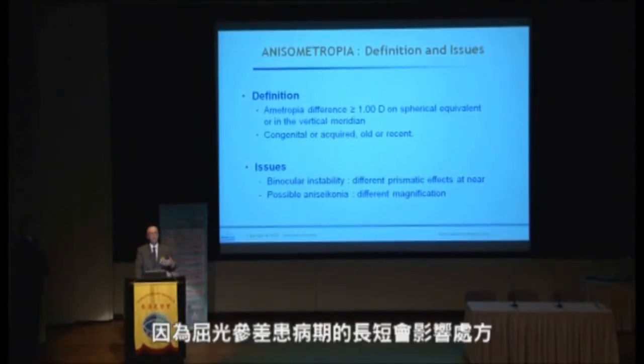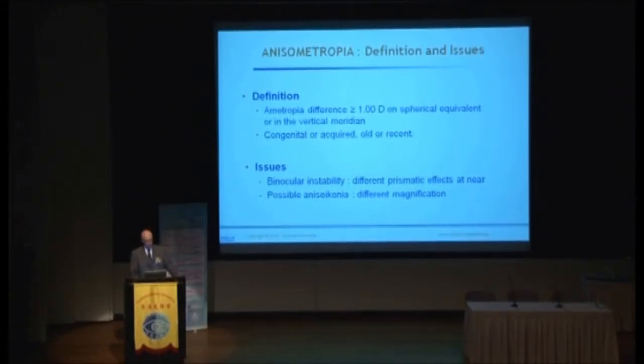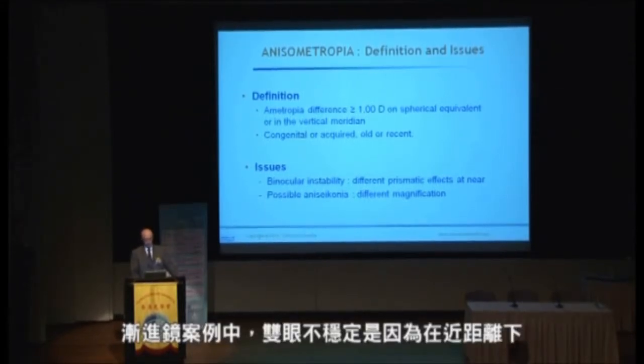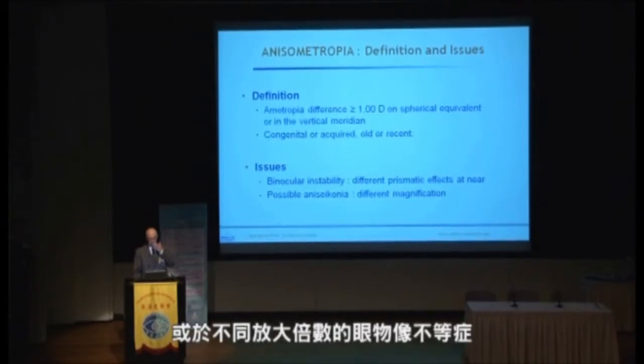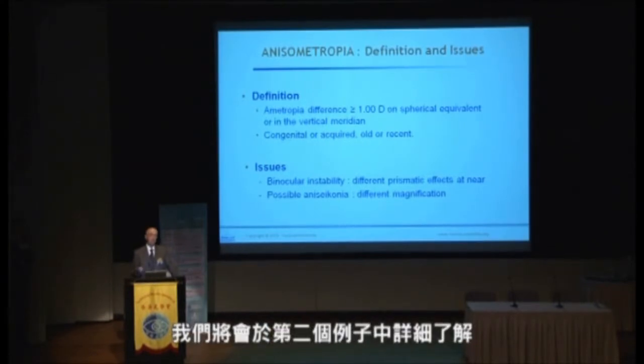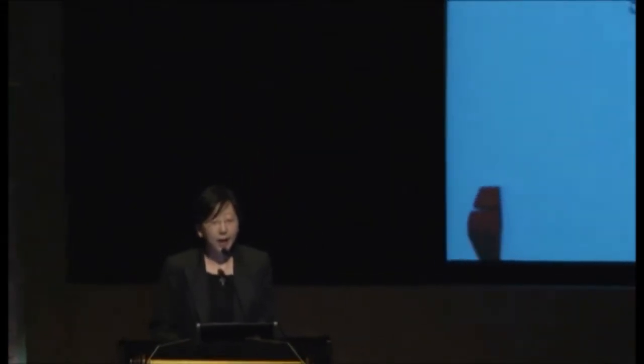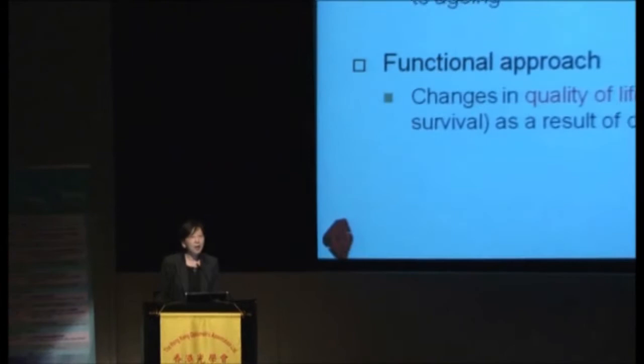So how long the person has been anisometropic will influence whether there are any problems or not. The issues are binocular instability because of the different prismatic effects at near in the case of the progressives, or possible aniseikonia, different magnification. We actually look at that in a little bit more detail in the second of the groups of cases.